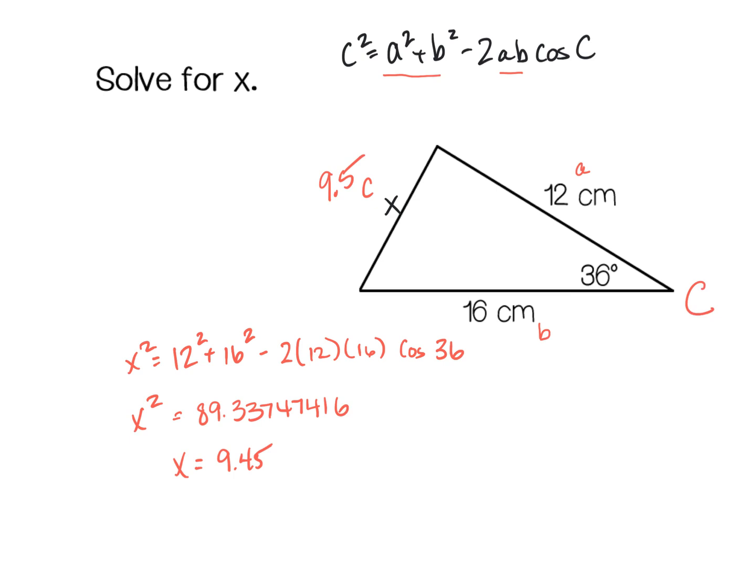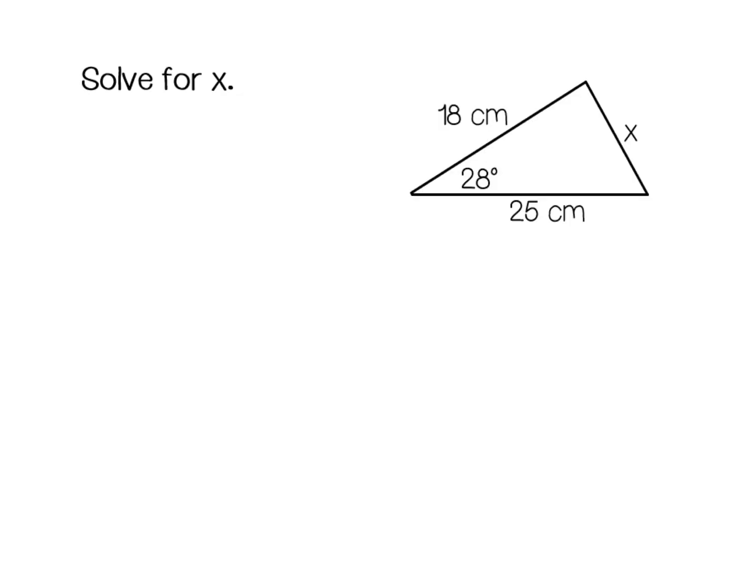Let's do one more. Remembering again that C is the angle or side that we want, I'm going to call my variable side C there, a little c. Then the opposite angle would be angle C, which makes the other two sides A and B. I'm going to write up my equation real quick.